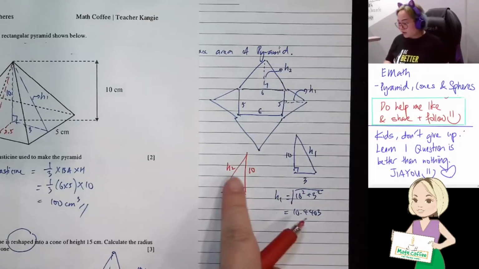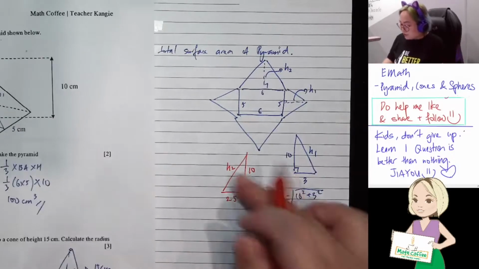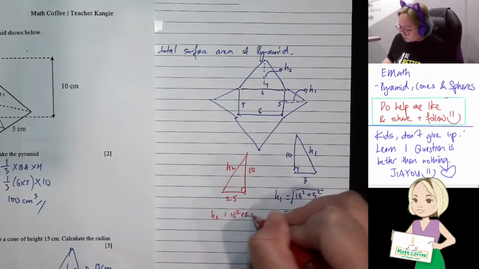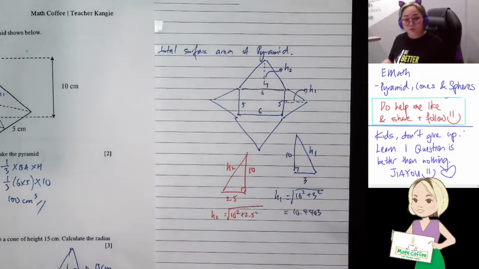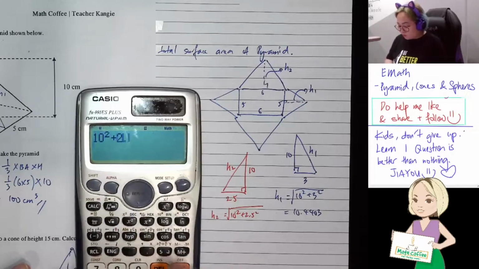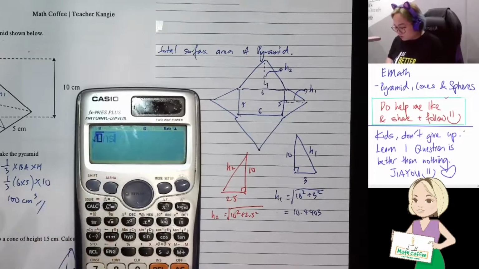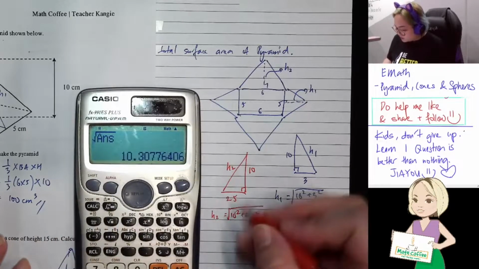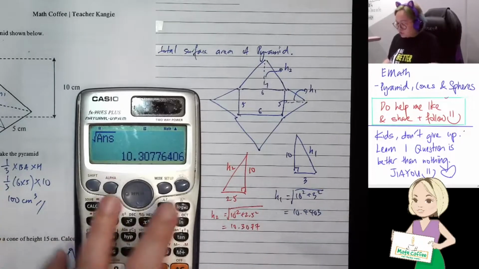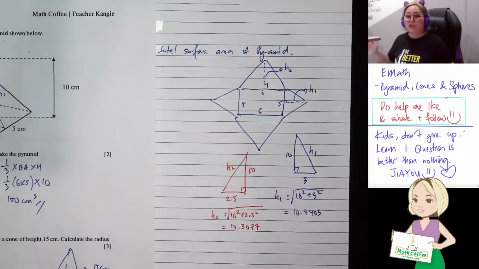To find H2, again use Pythagoras theorem: 10 square plus 2.5 square, and you square root. That will give us 10.3077. Now I have all the dimensions that I need.